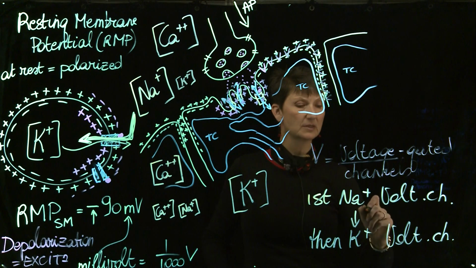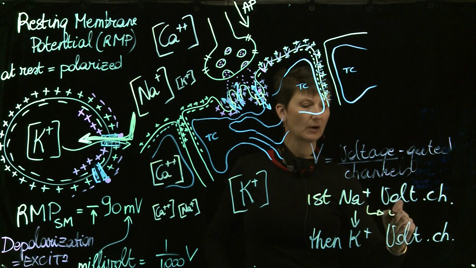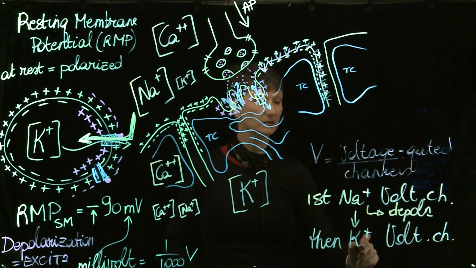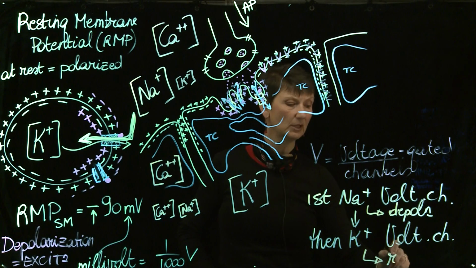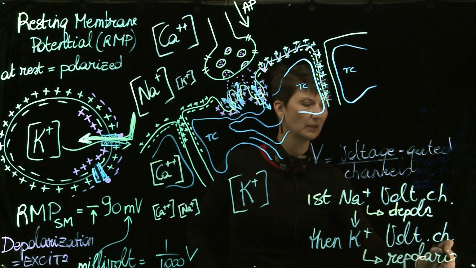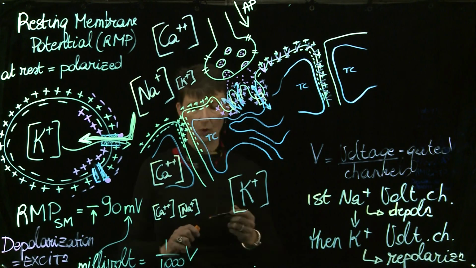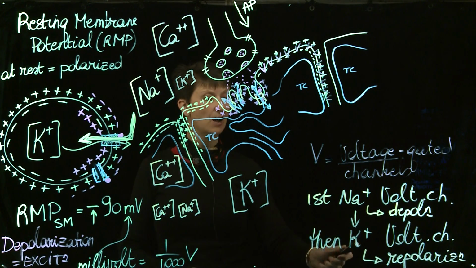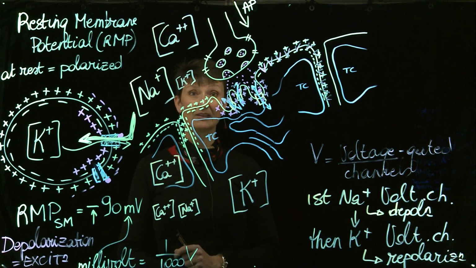So depolarization occurs with the help of our sodium voltage-gated channels. Repolarization, meaning going back to resting membrane potential, occurs with the help of the opening of potassium voltage-gated channels. And how is it that these potassium voltage-gated ion channels get us back to resting conditions?